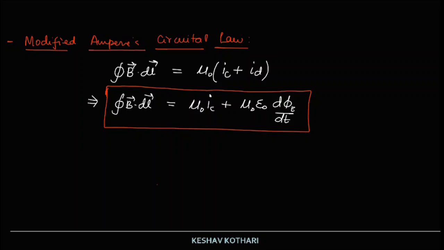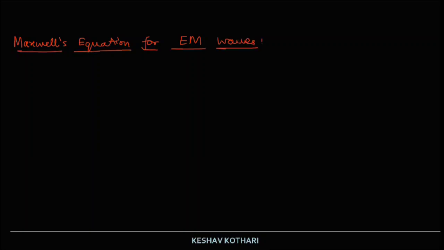Now if we write the Maxwell's equations for electromagnetic waves, the four equations which Maxwell used for the explanation of electromagnetic waves are as follows.